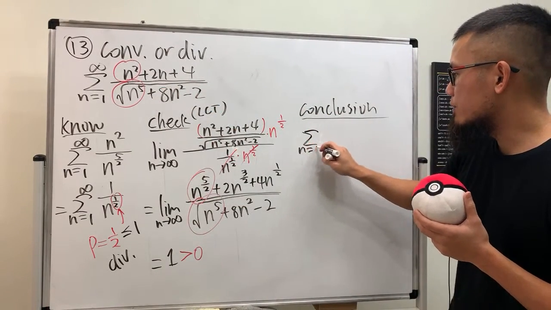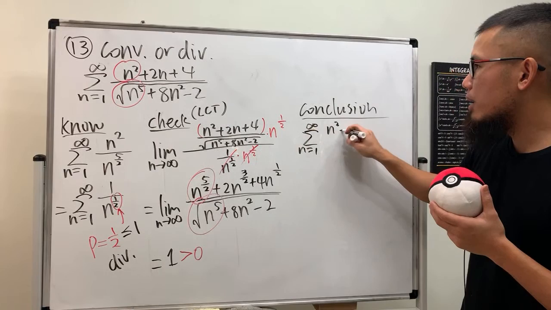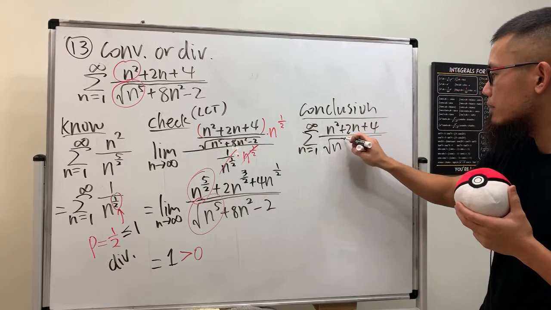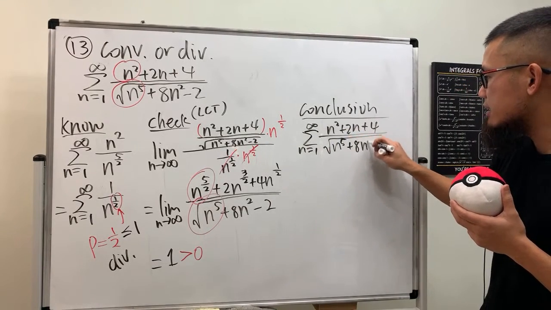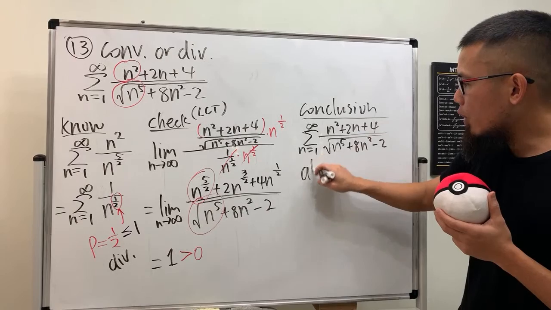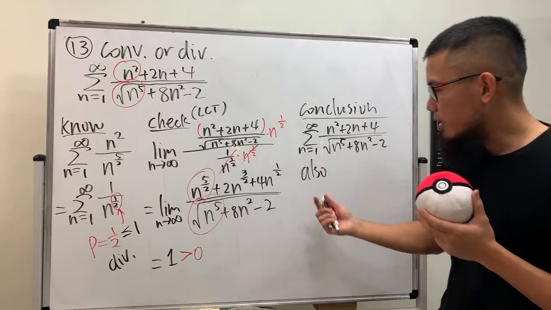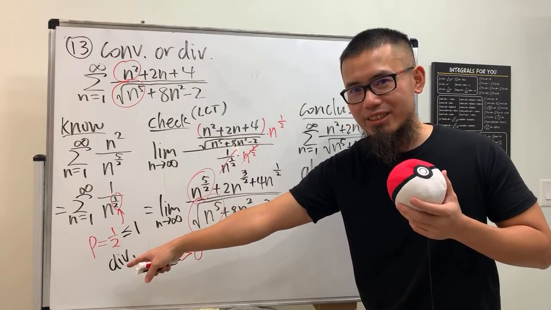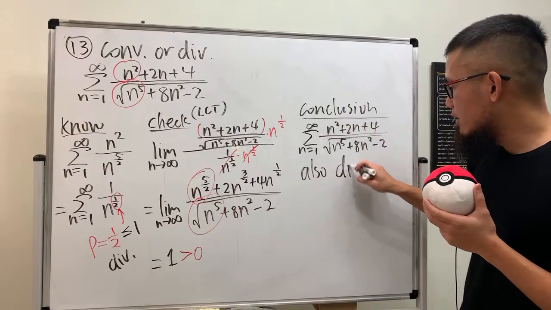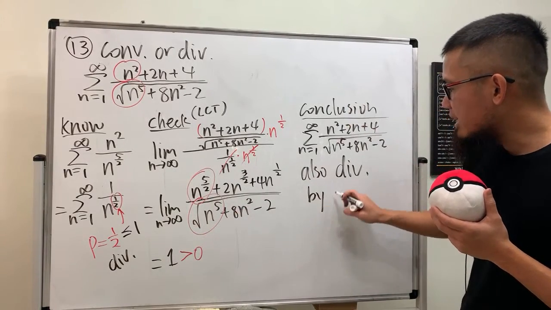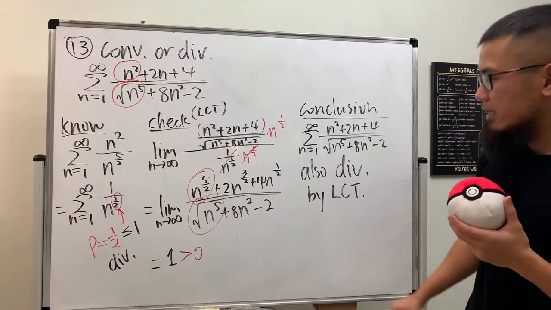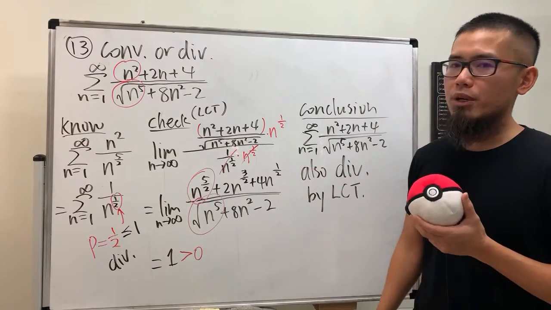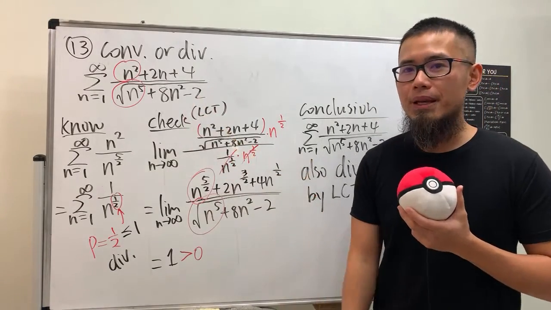The series as n goes from 1 to infinity of (n squared plus 2n plus 4) over the square root of (n to the 5th plus 8n squared minus 2), this guy also, and if you use the word also, you should take a look at over there, it was divergent. So this right here also diverges by the limit comparison test. This is a typical way that you should run through the limit comparison test for the rational situation.